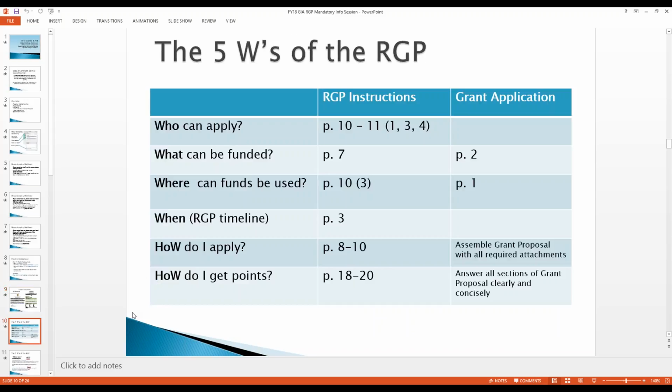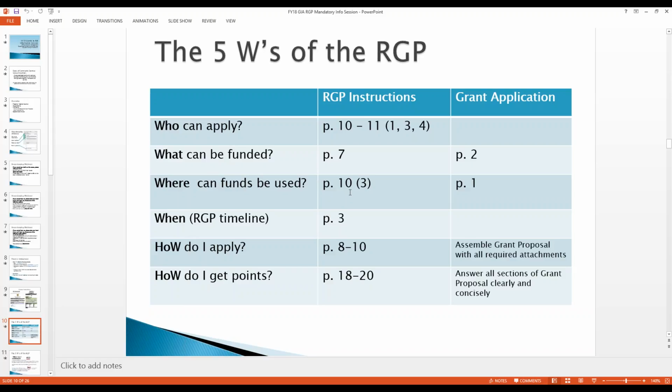All right, so let's begin answering our 5 W questions. The first one, who can apply? You may also want to have the hard copies of the RGP instructions and grant application in front of you if you have already downloaded them, and flip through the pages as I go through.